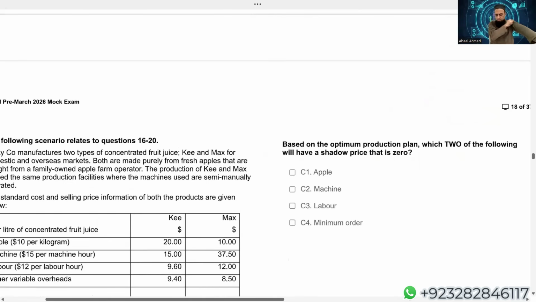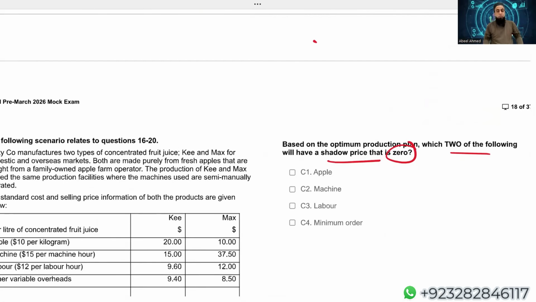Now what they're asking: based on the optimum production plan, which two of the following will have a shadow price that is 0? Actually, the issue of shadow price, your business will only face when you have utilized all of your resources.